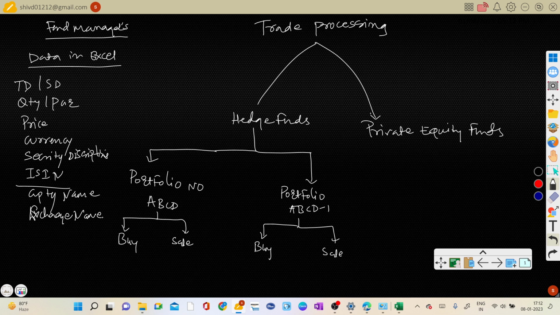And same portfolios which you would see under, let's say, P multi fund, P ABCD fund. These are the funds. Same activities.